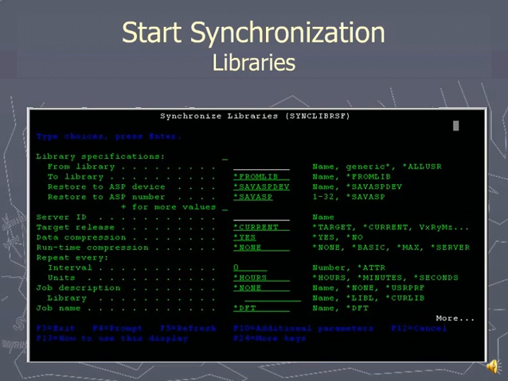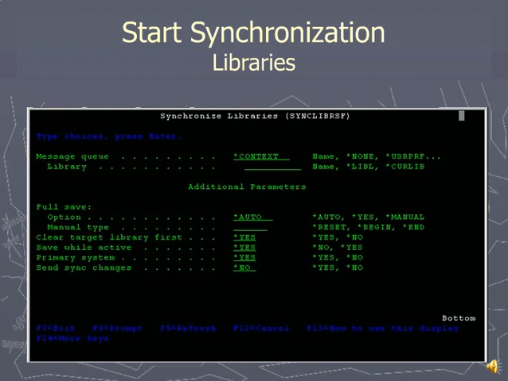Note that the target release parameter allows you to replicate a machine that has a different operating system release than the production machine. Here you can see a few more parameters, including the full save parameter that was mentioned earlier.